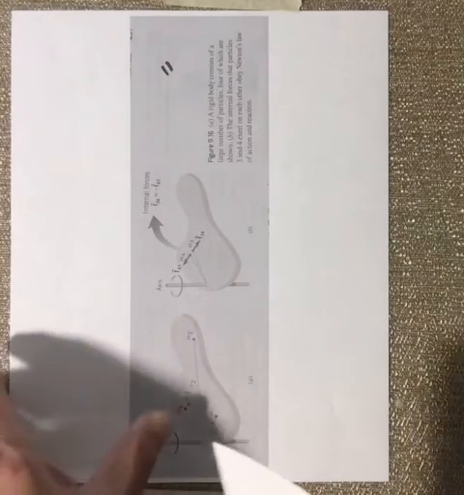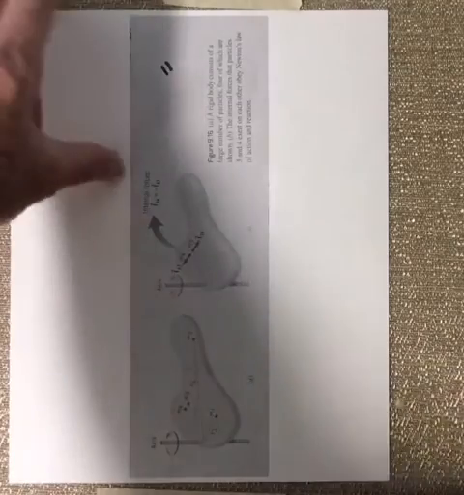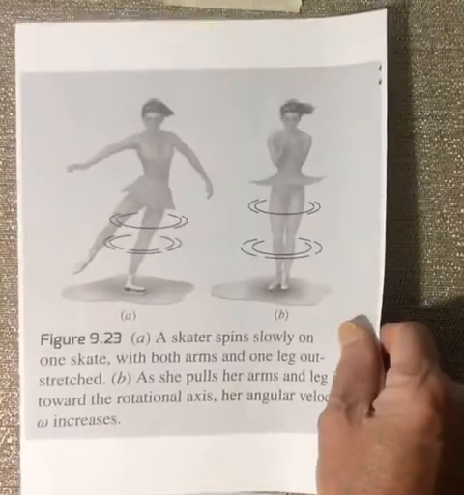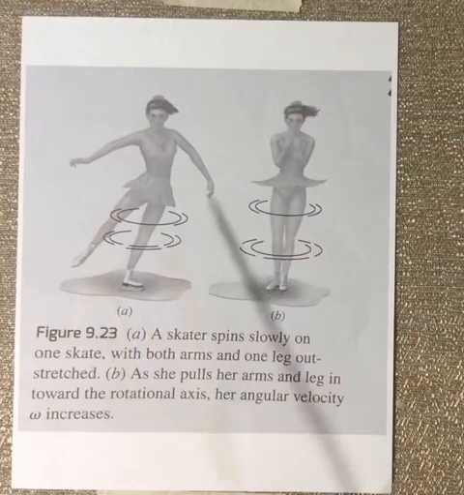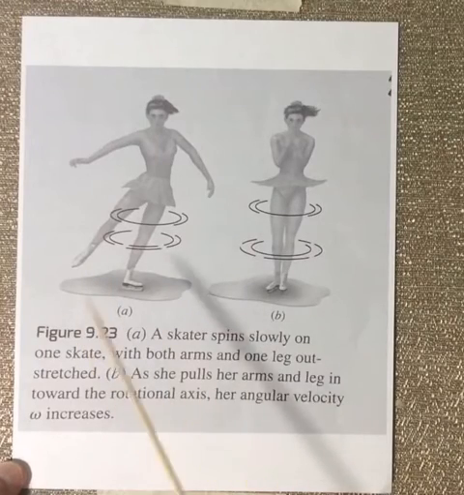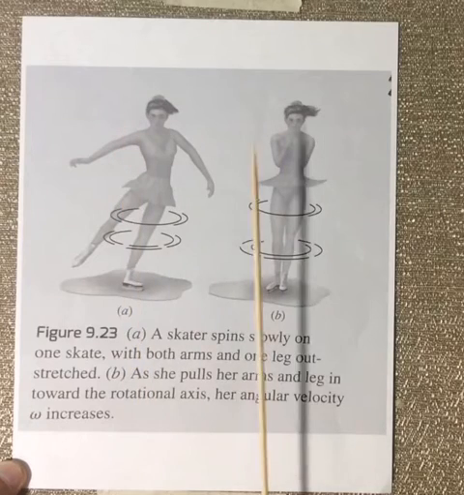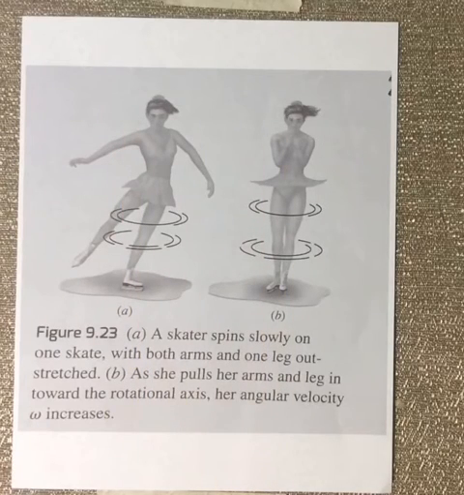And here the last picture I have to show you is this. This skater is moving one leg, as you see the circle in the central axis here, and this is rotational motion.